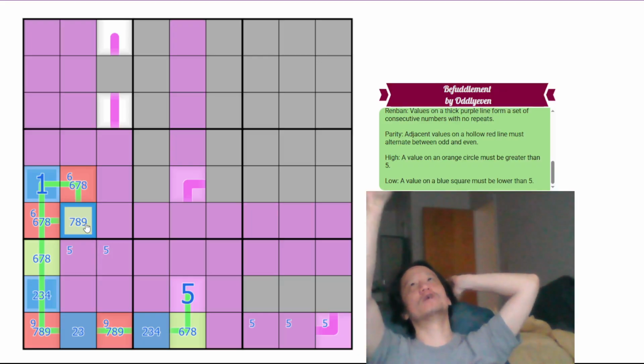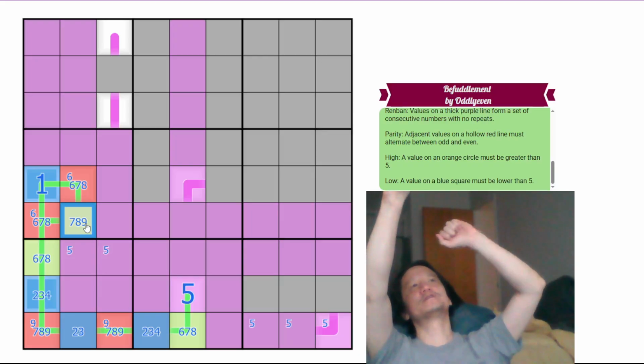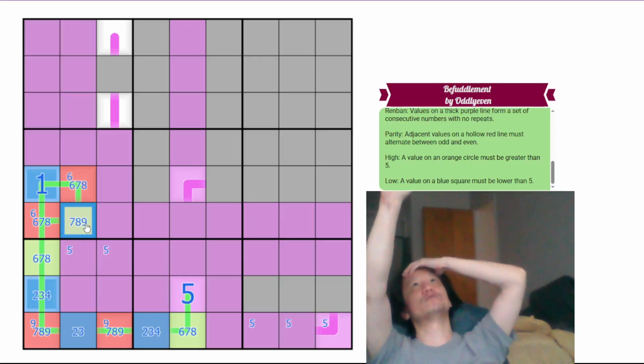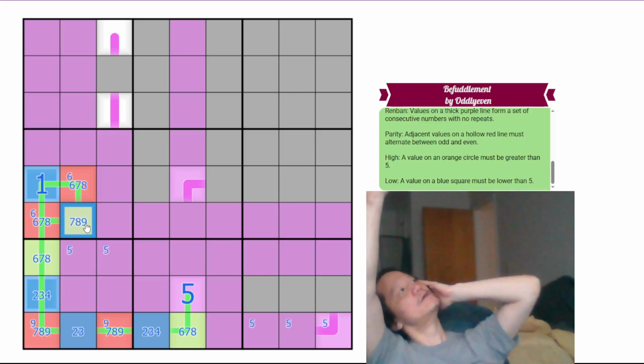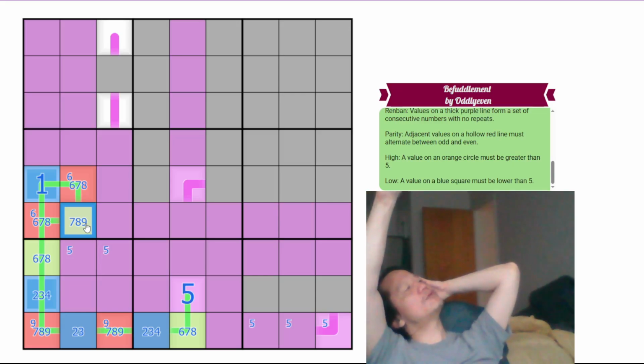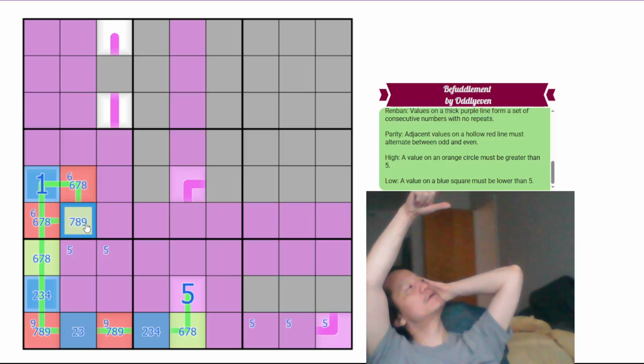We only have 1 more doubler that's 6 or above, and we have a doubler of a 5. The doubler of 6 and above does not work for the Renban, right?